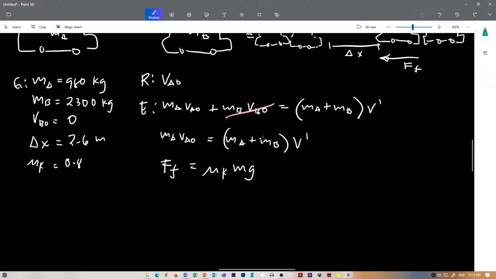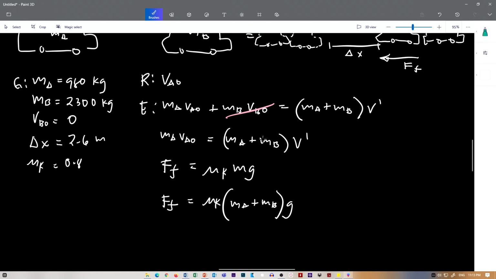So in this case, we're going to treat the summation of this and include it in this equation. Now we have friction force equal to mu sub k multiplied by m sub a plus m sub b, because their masses will be combined, times g.